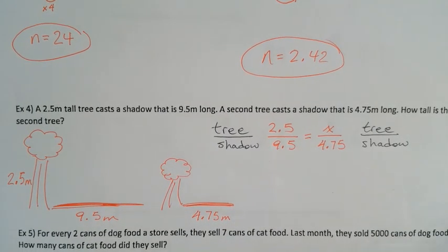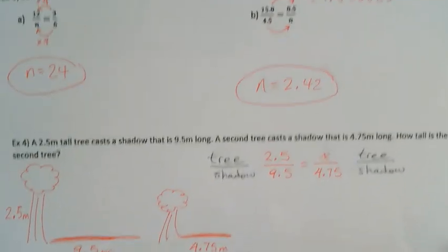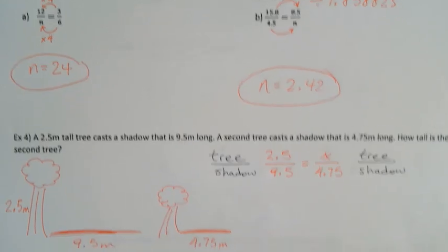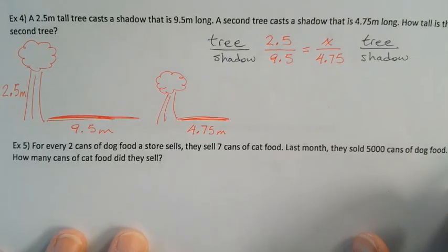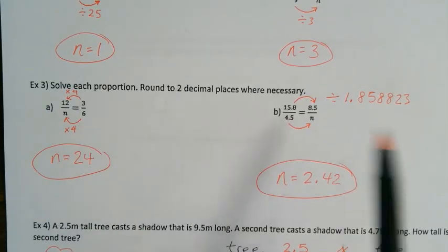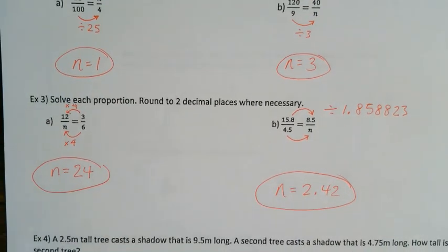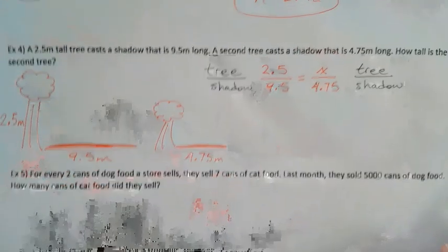Do you guys want to know the other method? Do you guys want to learn the other method? Okay, if you're comfortable with this method, by all means, you can do it this way. I just want to teach you guys another method as well.